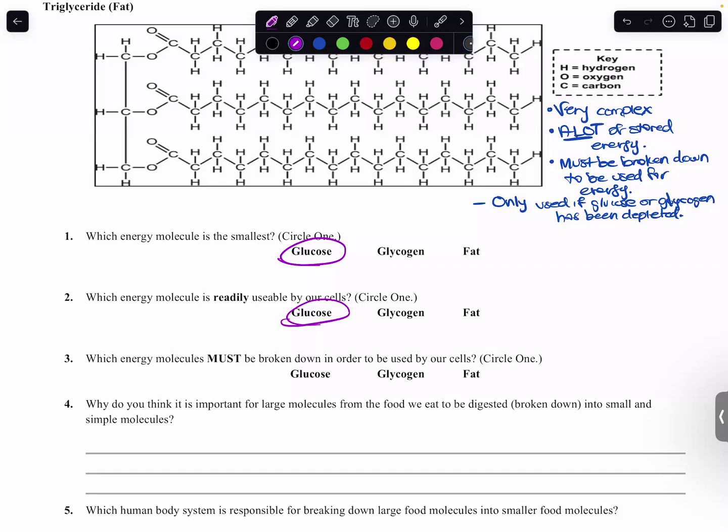Three, which energy molecules must be broken down in order to be used by our cells? It says circle one, but we're going to circle as many that apply, because there are actually two, glycogen and fats. We know that they're really large and very complex, therefore they have to be broken down so that they're small enough to enter our cells and be used as a source of energy.